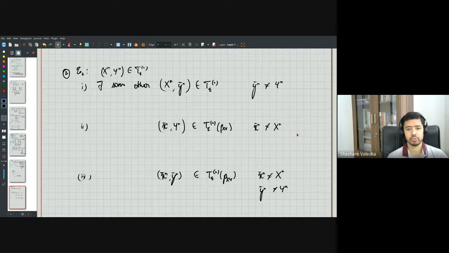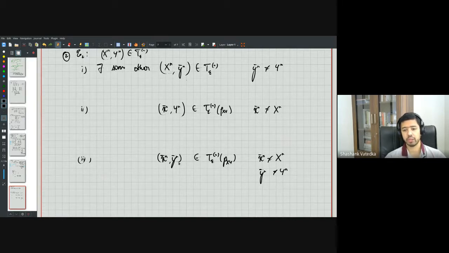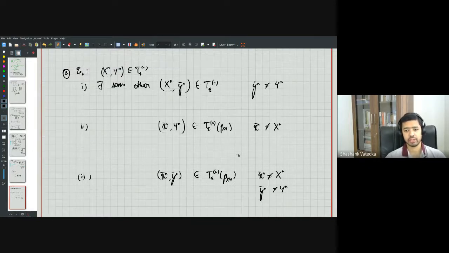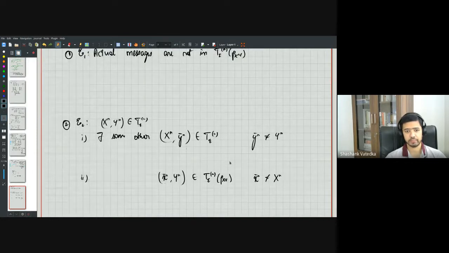Right. So the decoder succeeds only if xn yn is in the jointly typical set and no other pair is in the jointly typical set. So if there's any other pair, then that constitutes an error. And for that we look at three different cases. One where the true xn and some other yn bar are jointly typical. The second case is when some other xn bar and the true yn are jointly typical, and some xn bar, yn bar which are different from xn and yn are jointly typical.